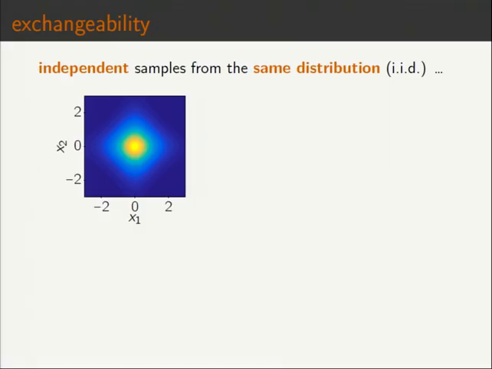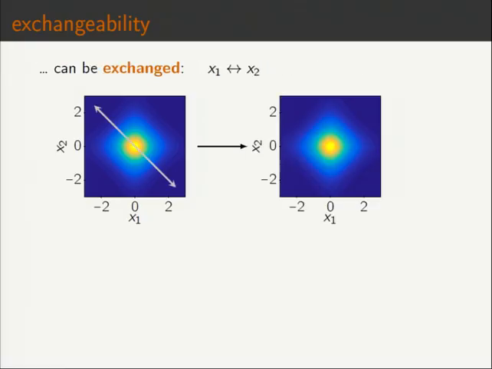Why do we have exchangeability? The idea is you look at this joint distribution of these two values that you have drawn, x1 and x2. The color in this plot describes the joint probability density, so the probability to find the specific combination of values. And the condition of exchangeability is given if you can swap x1 and x2, which in this visualization simply means that you swap the plot around the main diagonal.